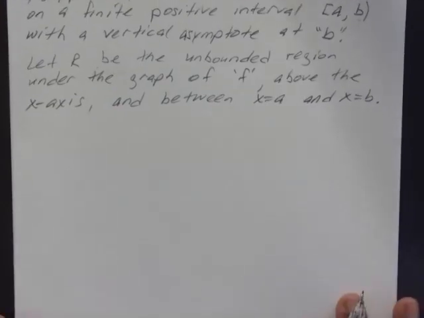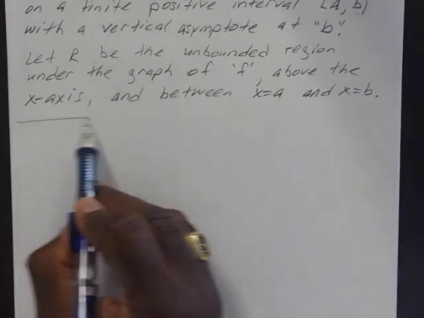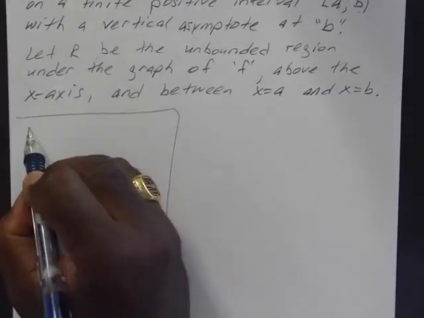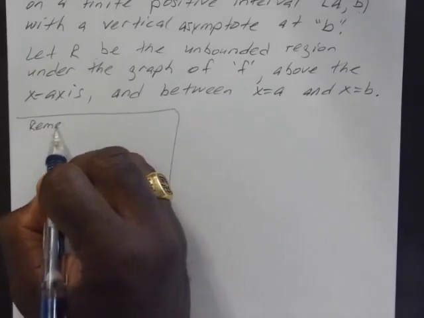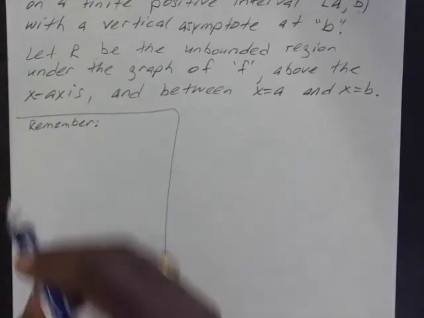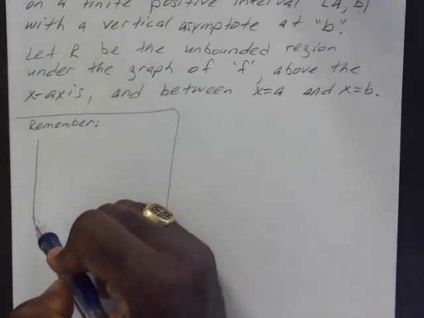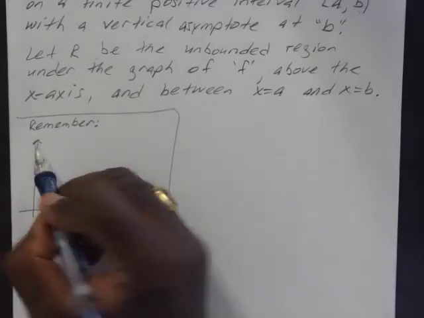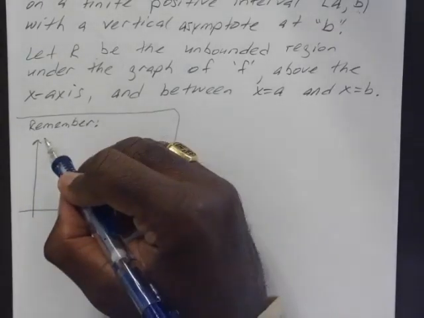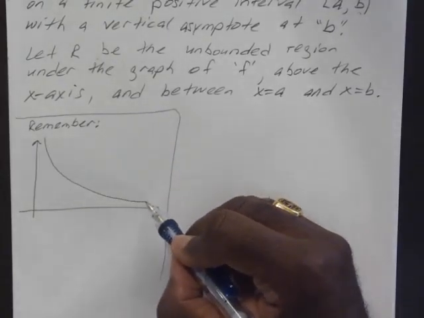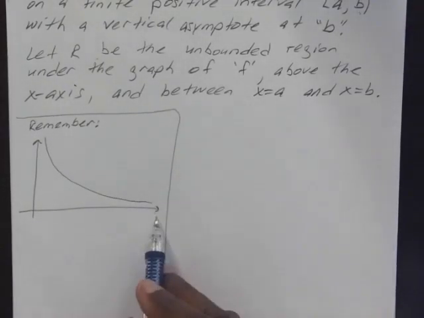Okay, so just to show you the difference between the two, this is what we went over first. So if you have your graph, and again, let's say this function goes from here and keeps getting closer and closer to the x-axis without actually crossing it.